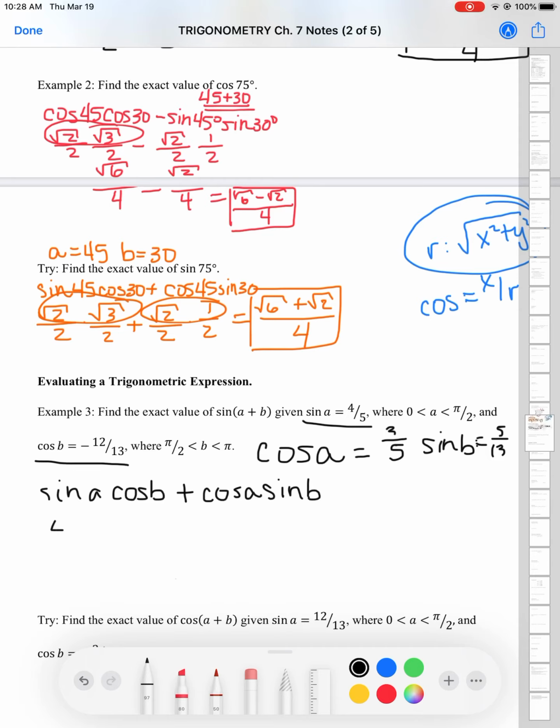So sine A is 4/5 times cosine B, which is negative 12/13, plus cosine A, which is 3/5, times sine B, which is 5/13.